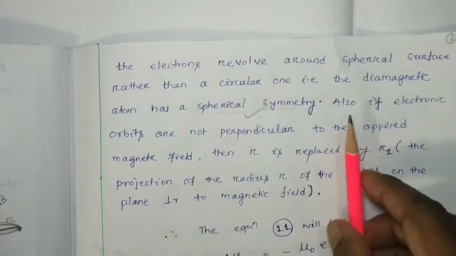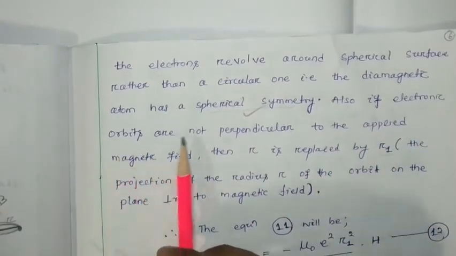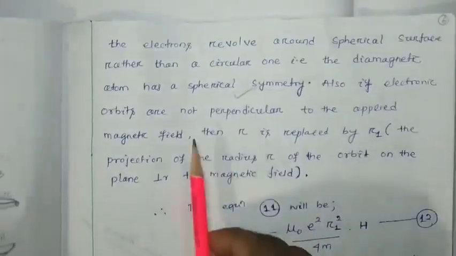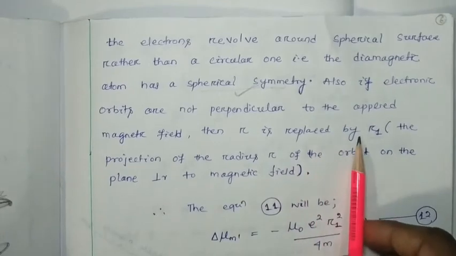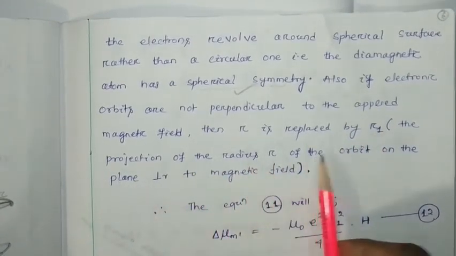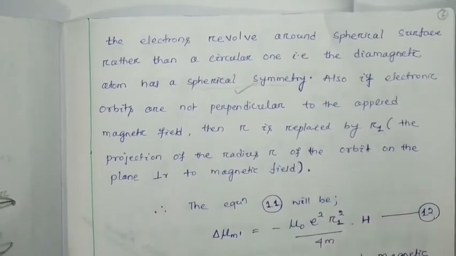So this has been written over here, that if the electronic orbit is not perpendicular to the applied magnetic field, then r is replaced by r1. So what is r1? r1 is nothing but the projection of the radius of the orbit on the plane perpendicular to the magnetic field.